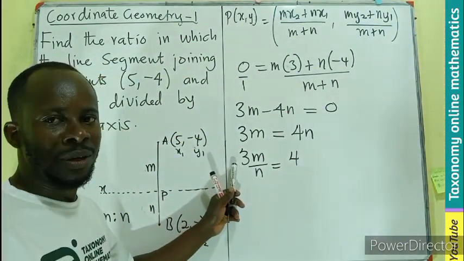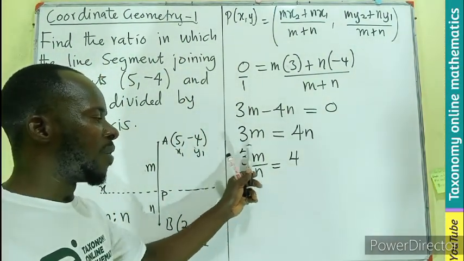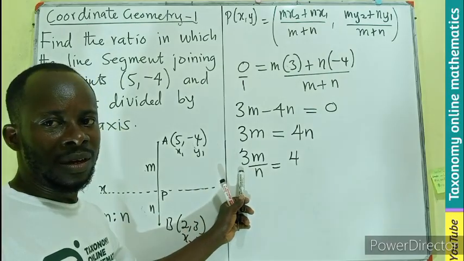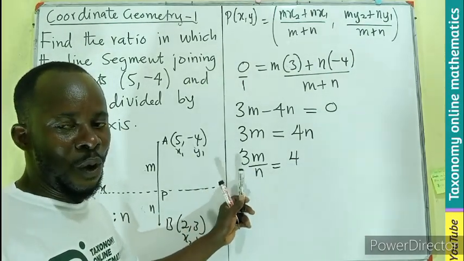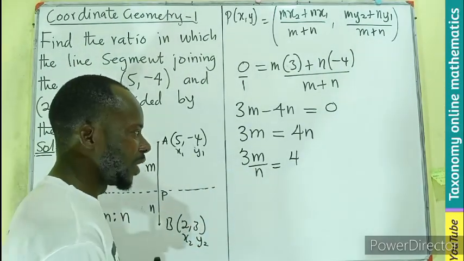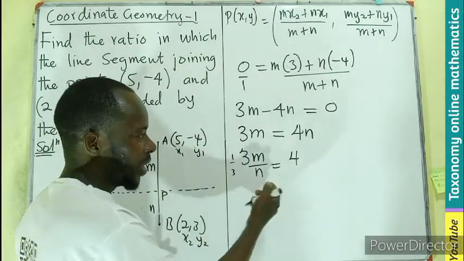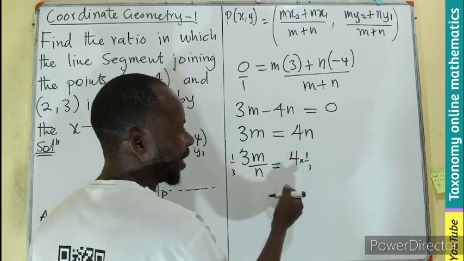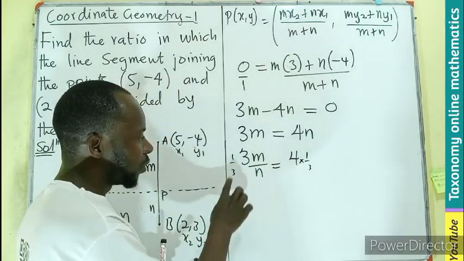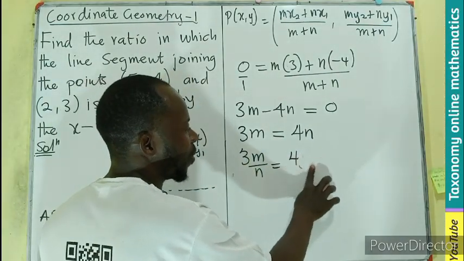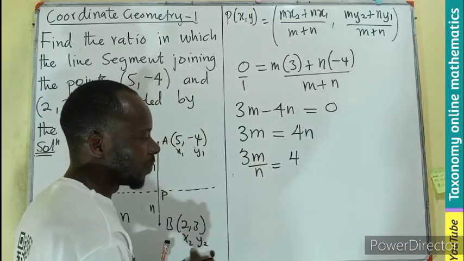We either divide both sides by 3, or we multiply by 1 over 3. If I multiply here by 1 over 3, the 3 will cancel this. And multiplying by 1 over 3 is just like dividing by 3. So either we divide by 3 or we multiply by 1 over 3.